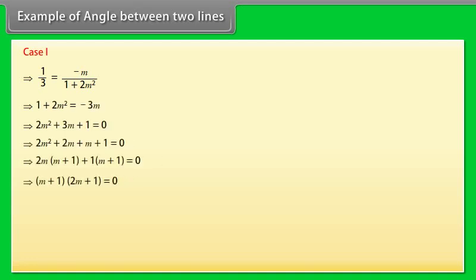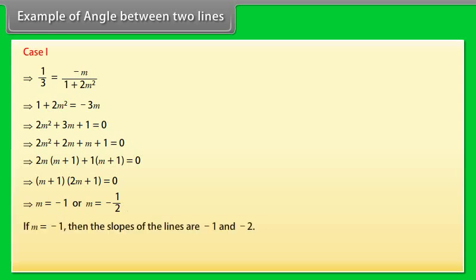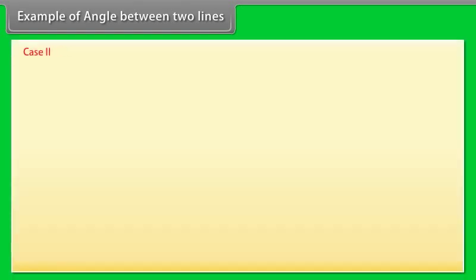On solving, we get m is equal to -1 or m is equal to -1/2. If m is equal to -1, then the slopes of the lines are -1 and -2. If m is equal to -1/2, then the slopes of the lines are -1/2 and -1.